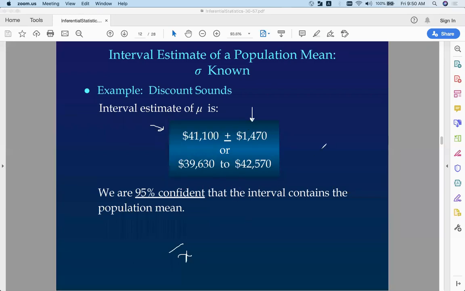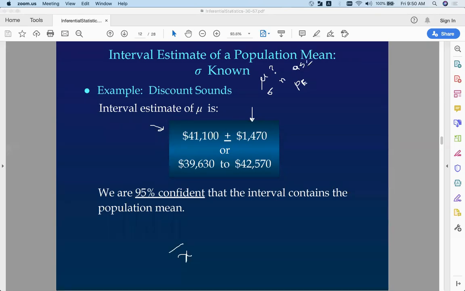What I'm saying is, if you want to go with your point estimate, what is it that you're estimating? You're estimating mu, right? So what information do you have? You want to find out mu. You have sigma, you have small n, and they are saying 95% confidence coefficient.